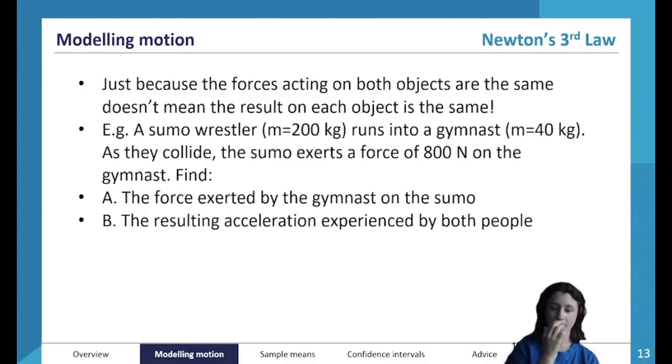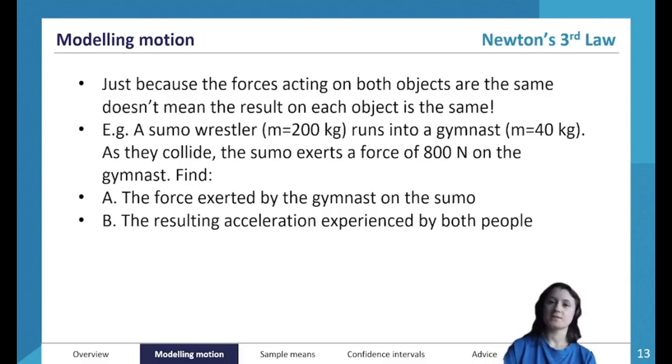Okay, so just because the forces acting on objects are the same, it doesn't mean the result on each object is the same. It actually depends on the size of the objects. Think about an example of a sumo wrestler who weighs 200 kilos running into a gymnast who weighs 40 kilos.